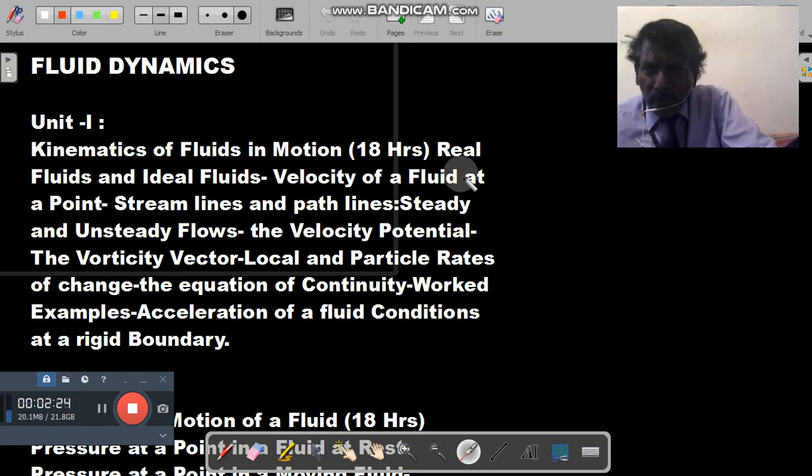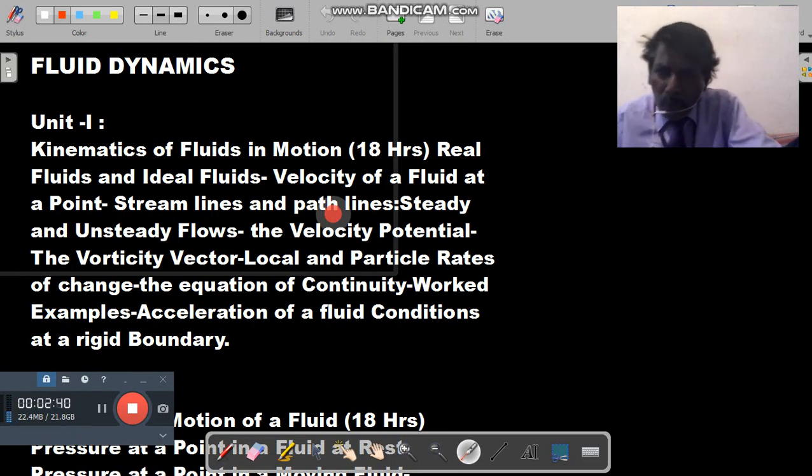So in the first unit we study real fluids and ideal fluids, velocity of a fluid at a point, streamlines and path lines. There are two types of lines, streamlines and path lines. Then steady and unsteady flows. The velocity potential, which has its own differential equations.